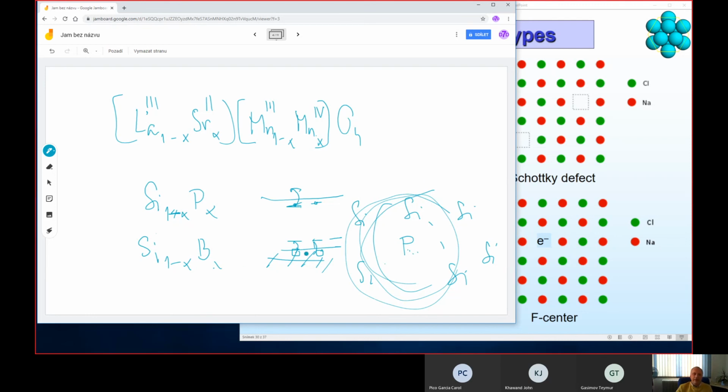So this is another type of defect observed in semiconductors, and the compensation of defects by some charged species, electrons, holes, or ions with different valency and so on.